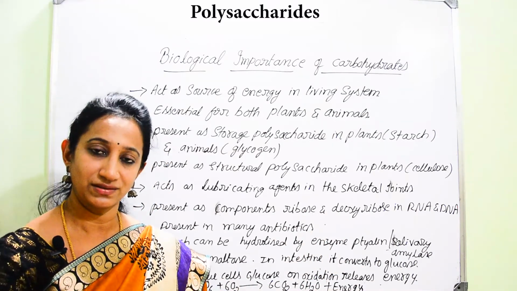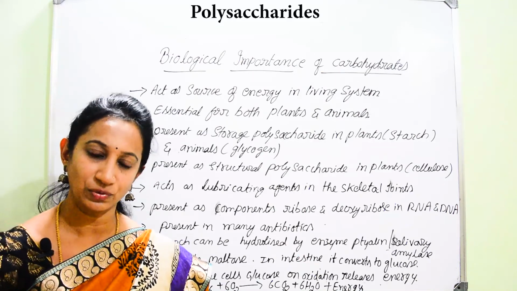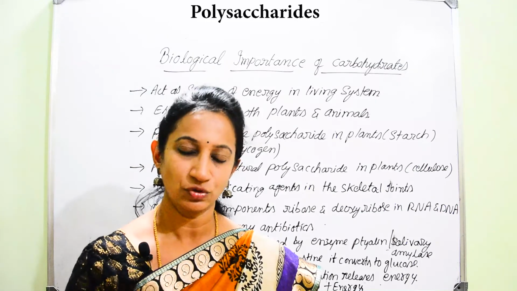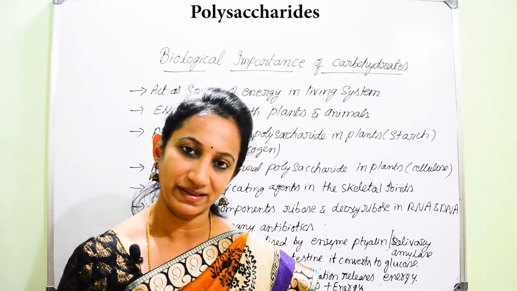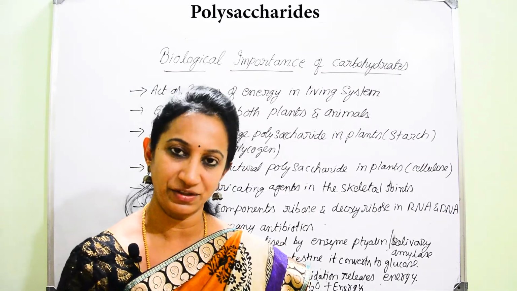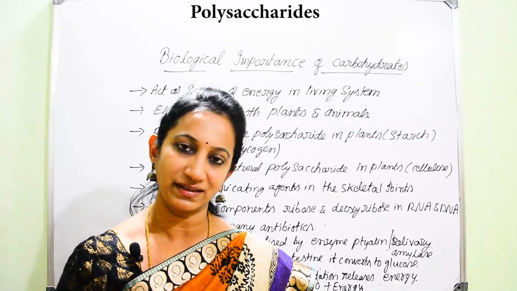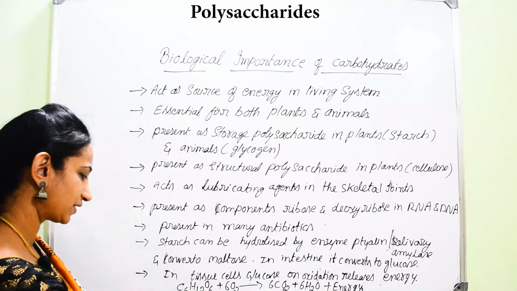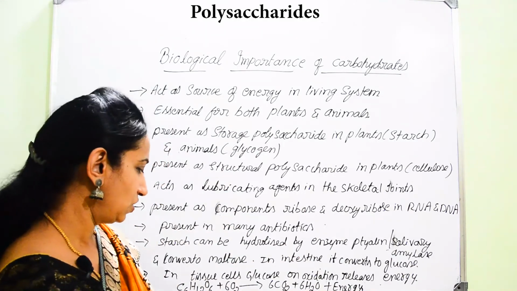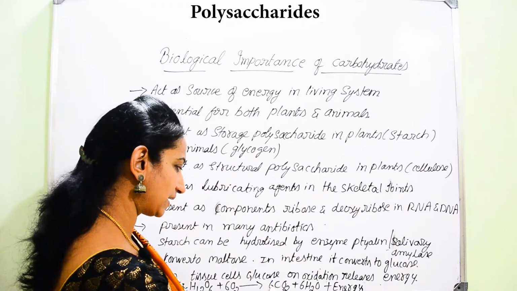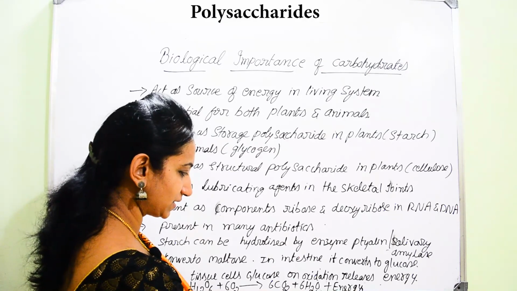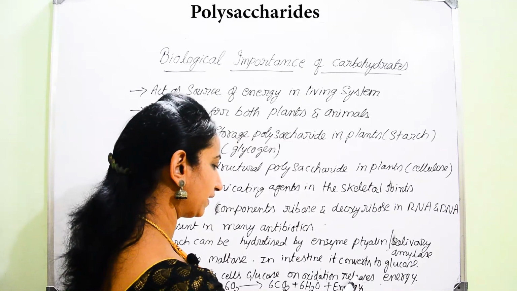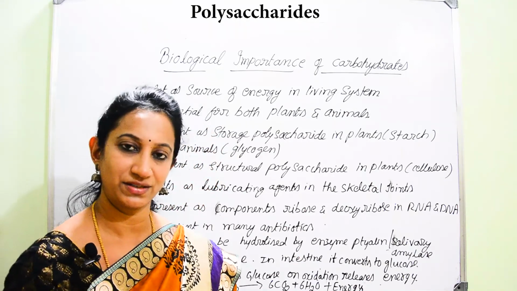And finally, after maltase converts it into glucose, the glucose will be carried along with the bloodstream throughout our body, and the blood can reach each and every cell in the tissues, where the glucose will undergo oxidation. Glucose on oxidation gives carbon dioxide and water, but very importantly it releases a large amount of energy.